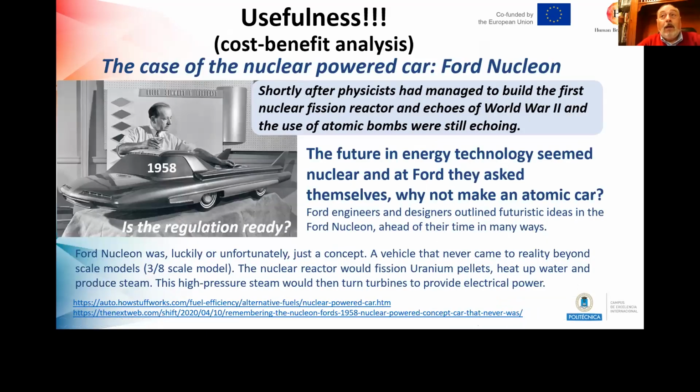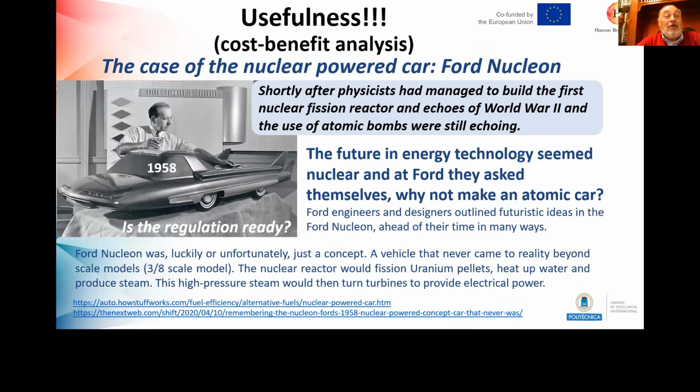Sometimes an invention is not an innovation, because in the end it remains in the lab. I have included another example.